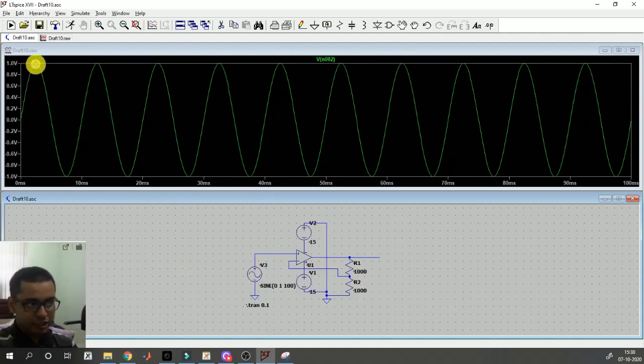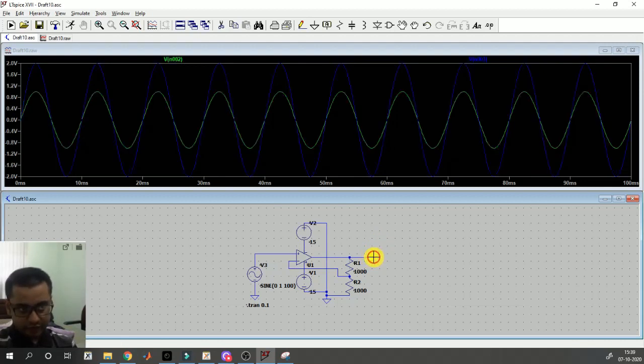Okay, the amplitude is 1 volt and frequency is 100 hertz. Now let me touch this probe at the output of my amplifier, and you can see that this blue curve is showing the output voltage. You can see that the output voltage is double of the input voltage at each and every point of time.